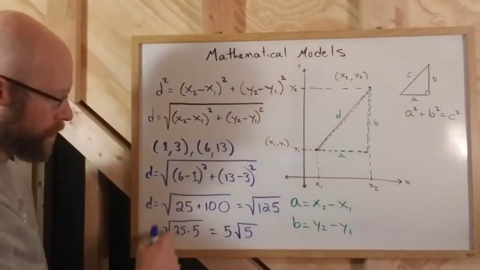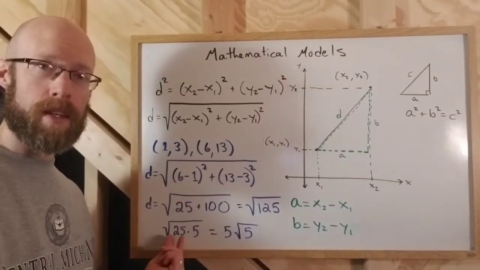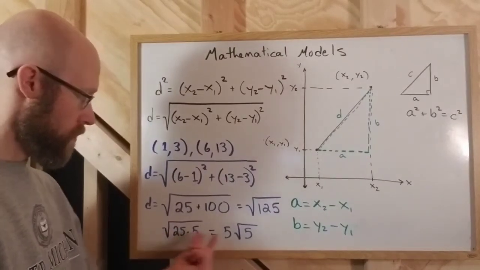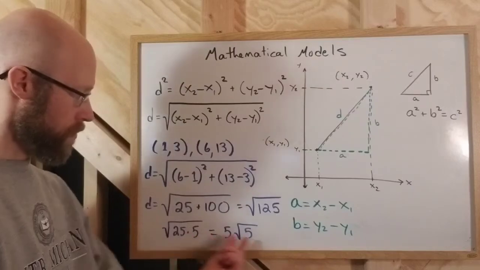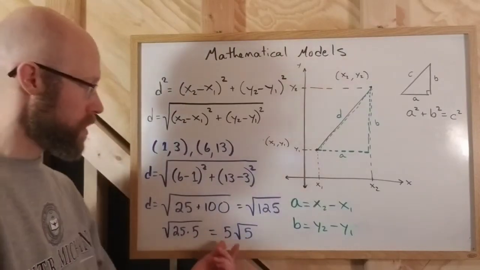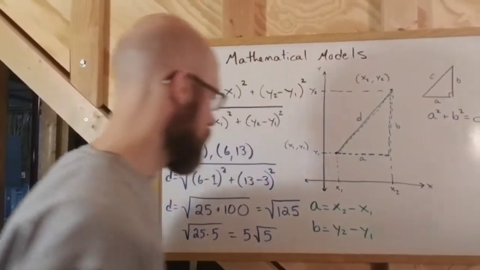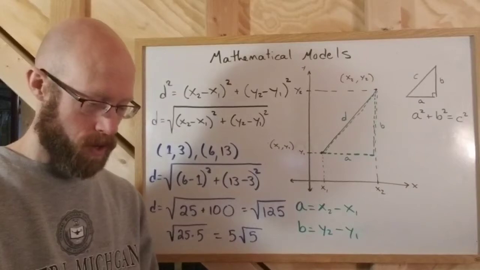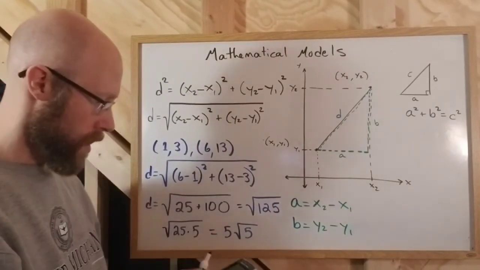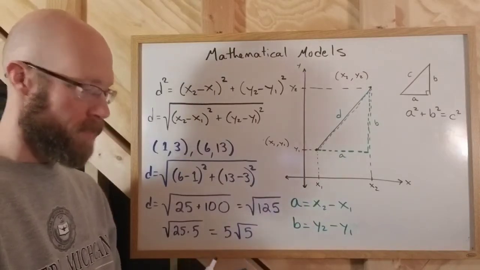You remember, when you simplify a root, you find a perfect square factor, and then you split the root between that and the other factors. So you take the square root of 25, that's 5, and then the square root of 5 doesn't simplify. So 5 root 5 is also equivalent to the square root of 125. Now, what is that in decimal form? Well, I could go to my calculator and plug in either square root of 125, or 5 times the square root of 5.